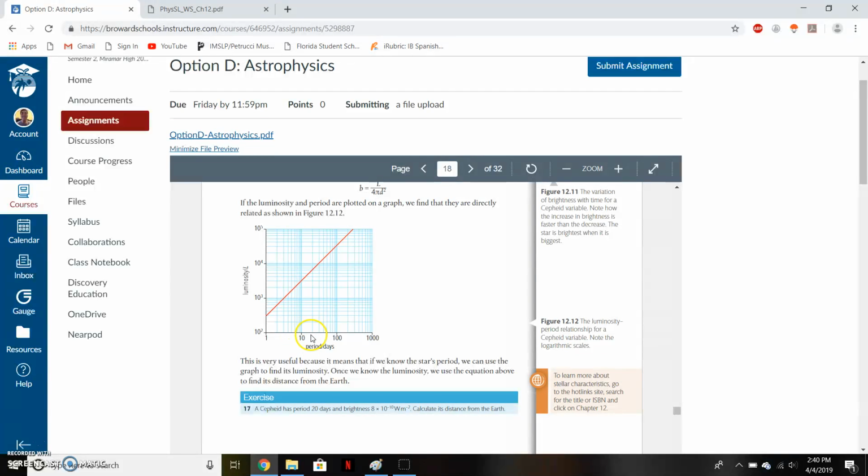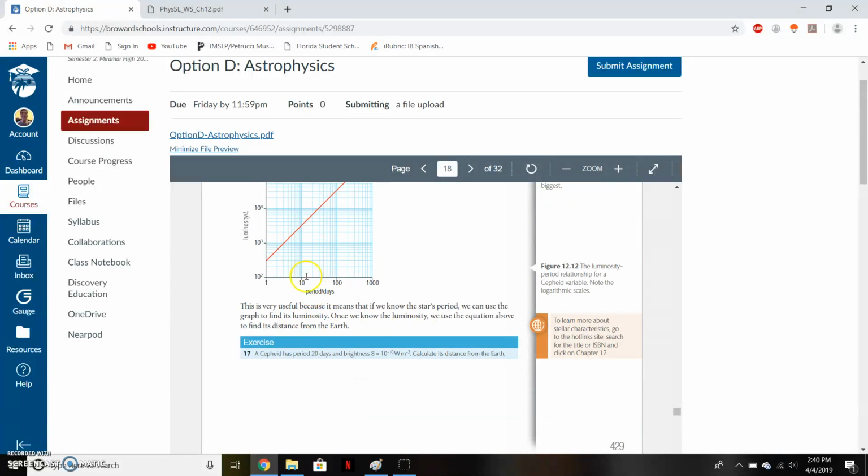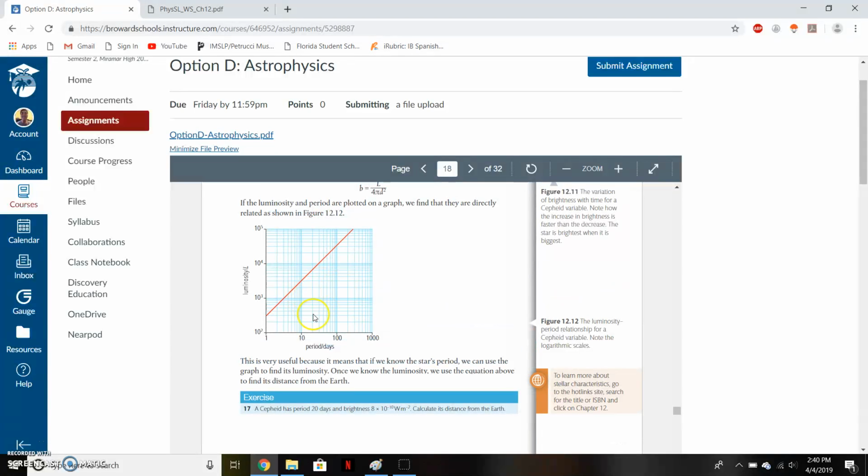So this would be 10, 20, 30, 40, 50, 60, and then up to 100, and after 100 it will go by hundreds until 1,000. This is useful because it helps us see luminosity for what period or what day of the cycle the Cepheid variable is on.